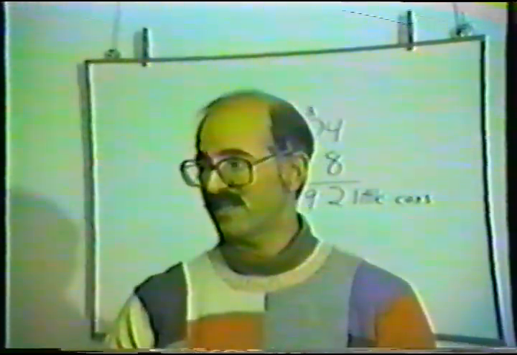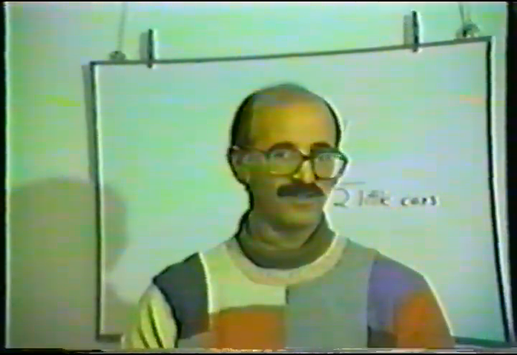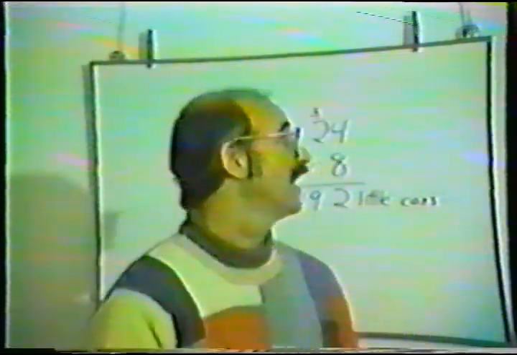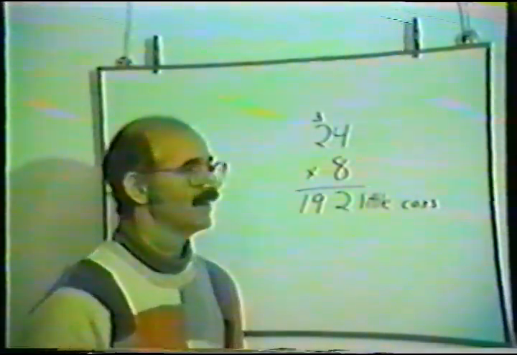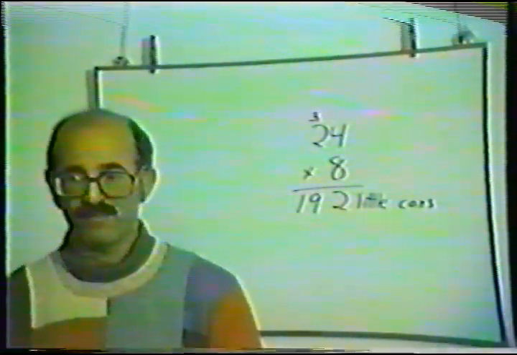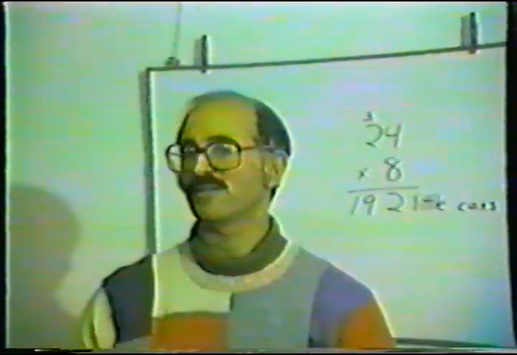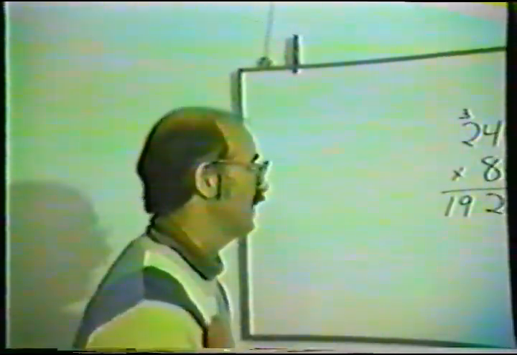We're being asked how many in each, and that usually tells us that we need to divide. And we're also told that we're going to share them. In order to share them, we need to divide them.